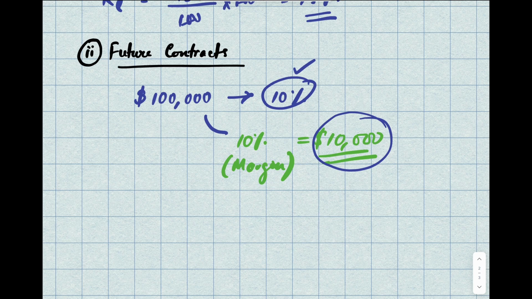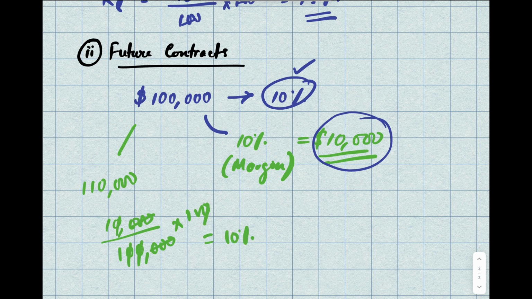If there was no future contract, and you had to buy this now and the value appreciates to 110,000, you would only get a return of 10%, a profit of $10,000 on an asset you bought for 1 lakh. This is the real return which you are getting.